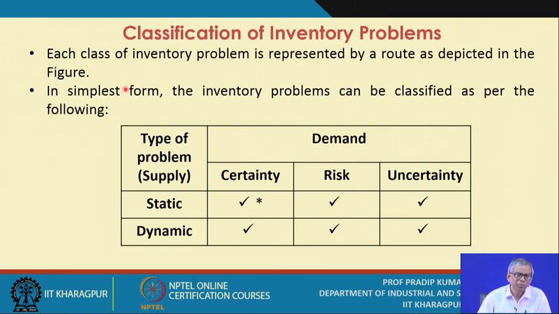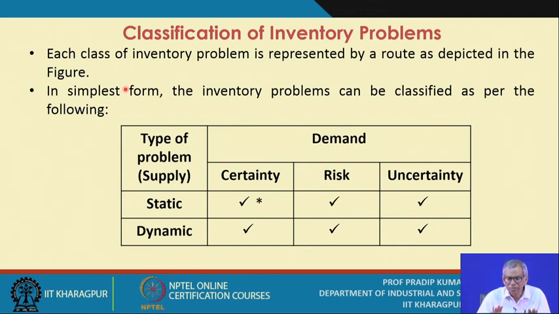At one extreme you have the most simple problem, at the other extreme you have the most complex problem. So in the simplest form, there must be some extraction out of it. I am going to represent the classification of inventory problems in a simple table format.